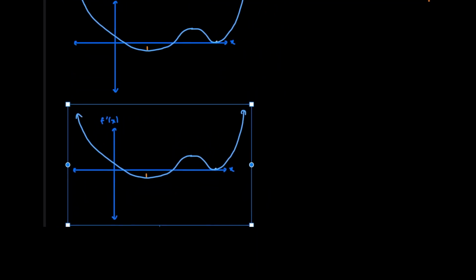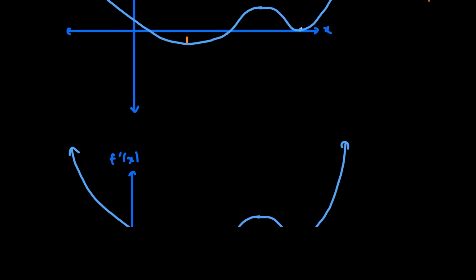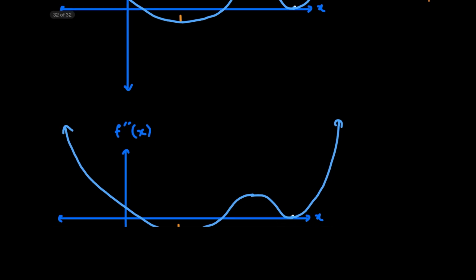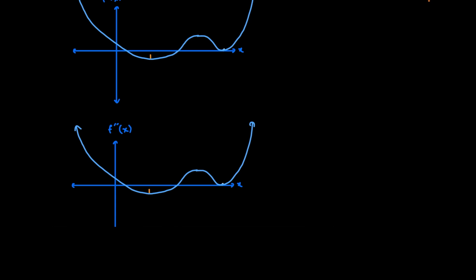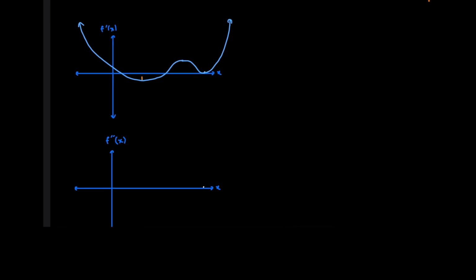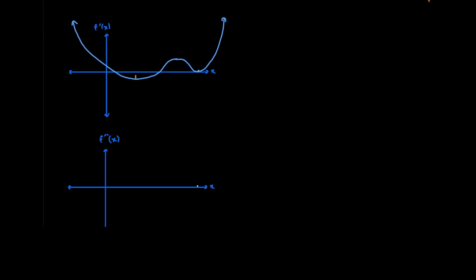If I wanted to sketch the derivative of my derivative graph, i.e. the double derivative function, f double dash of x, first off, this is not the graph. We have to erase all of this. We can do the same steps that we did when we went from our original function to the first derivative.